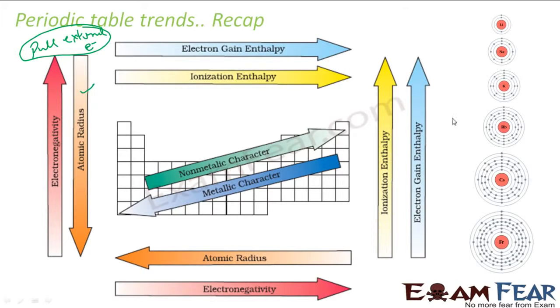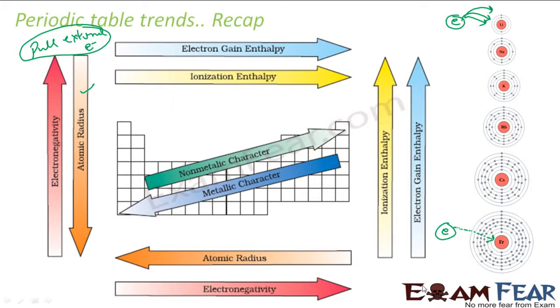There will be an extra electron here and one more extra electron here. Lithium will be able to attract with more power, because the distance is less. But here the distance is already more, so it will not be able to attract that much. It will be a weak attraction. So if you go down the group, the electronegativity decreases.